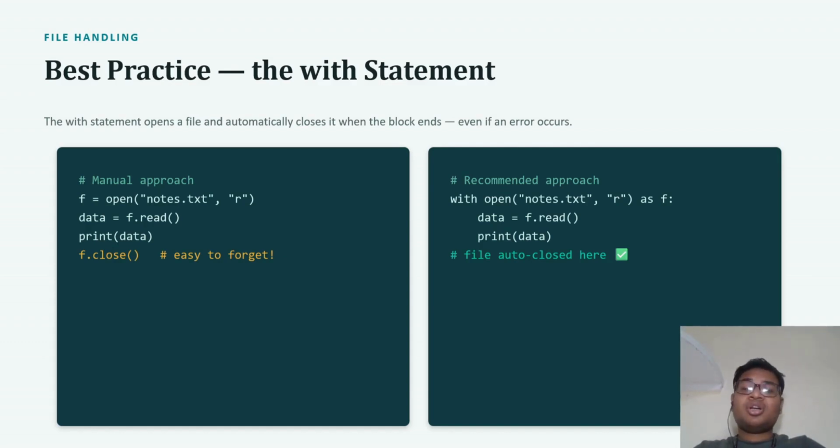So for a better approach, we recommend the with option. That's the recommended approach. With open, the file name and mode as f, then data equals f.read.